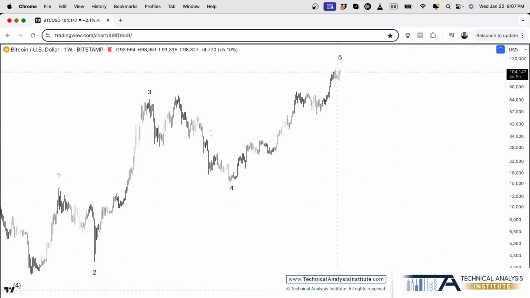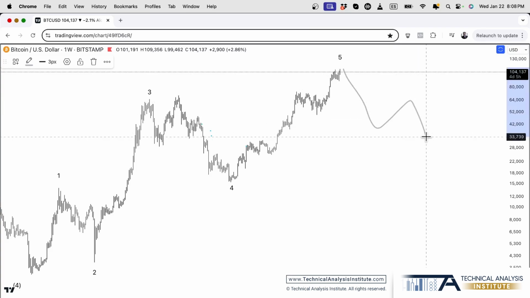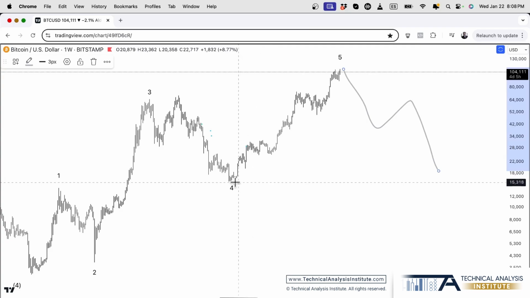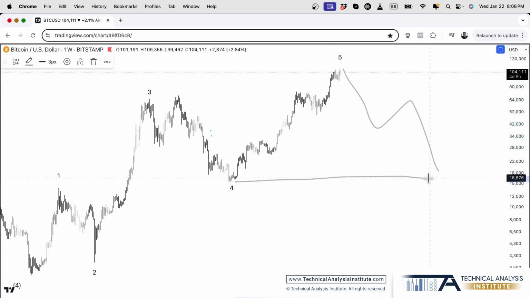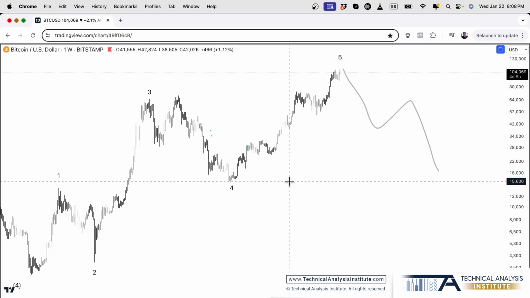Obviously, the correct answer would be that from current levels, or not too much above, we should expect a 3-wave move down. That should take prices to the previous 4, and that is approximately at 15,600 or something along that line. So right now it's trading at 105, 106.